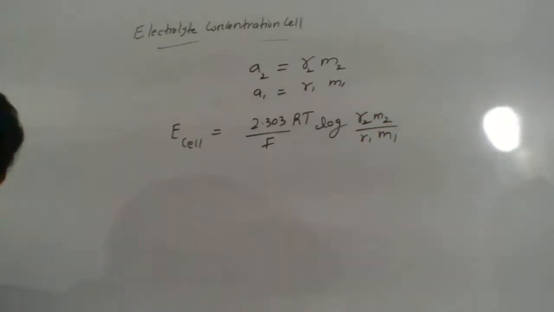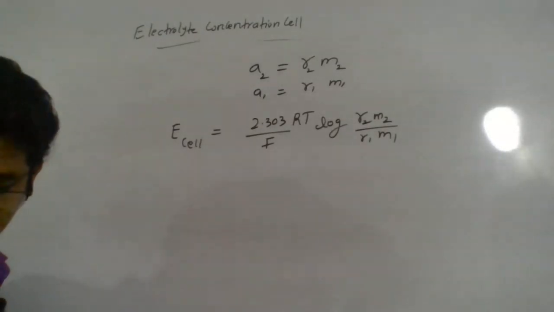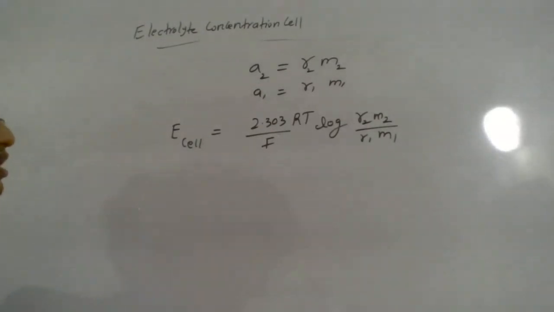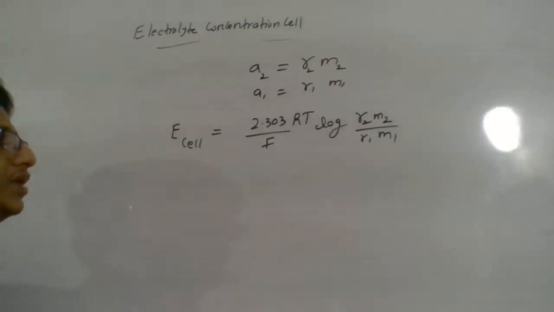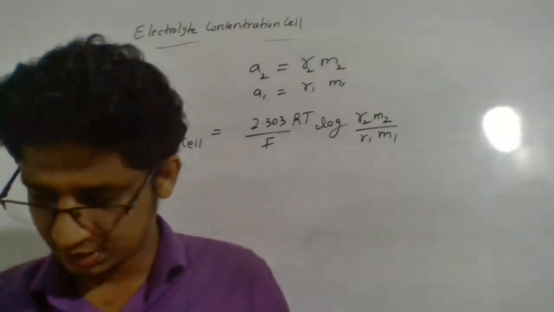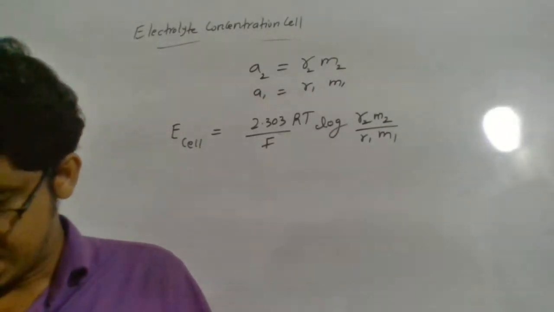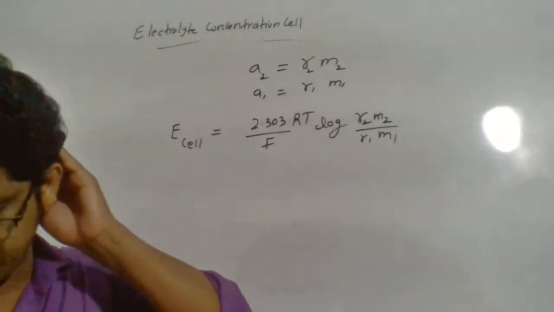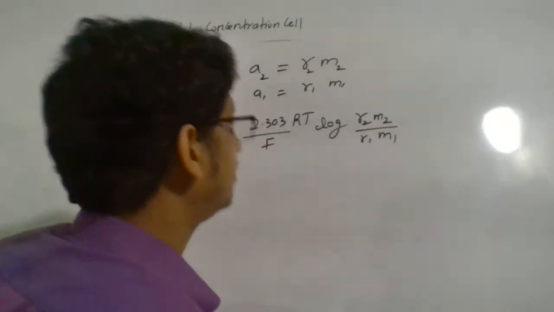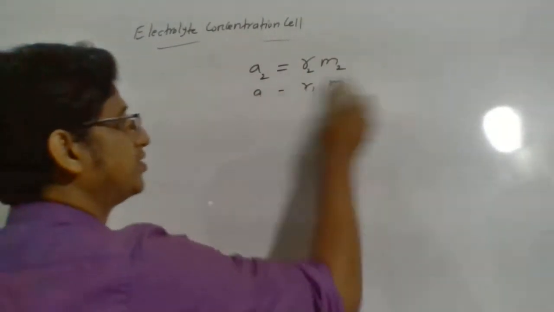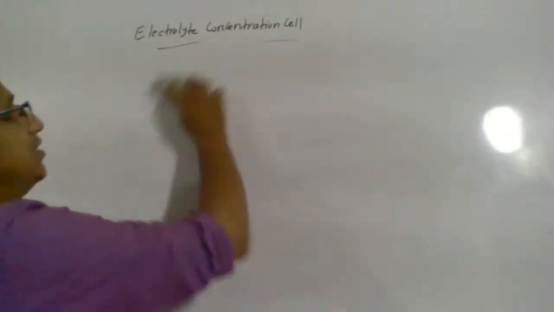So this will be the equation that you can remember for the EMF of the cell if the activity coefficient and molality are given. So we can write E cell equal to 2.303 RT by nF log M2 gamma 2 divided by M1 gamma 1. So that's all about the electrolyte concentration cell without transference.